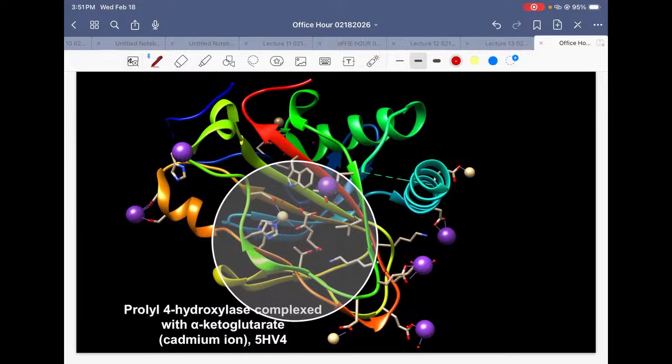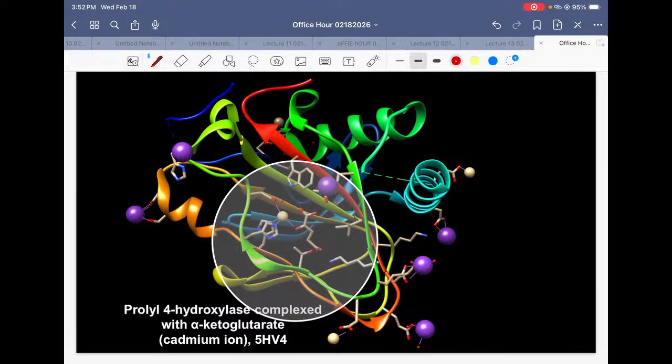I'm not sure if you mentioned this, but the Fe2+ and the Fe3+, what enzyme is it in and what reaction is it? So the name of this enzyme for proline is proline hydroxylase, and the business associated with vitamin C here is the iron 3 going back to iron 2. Okay, so reduction of the iron.